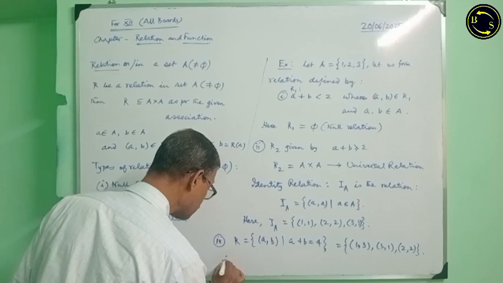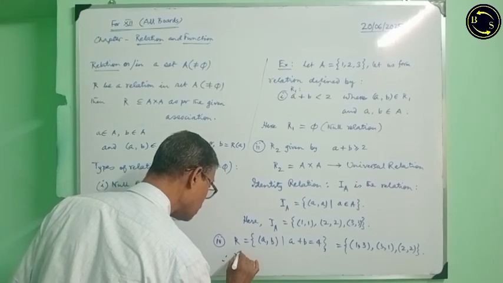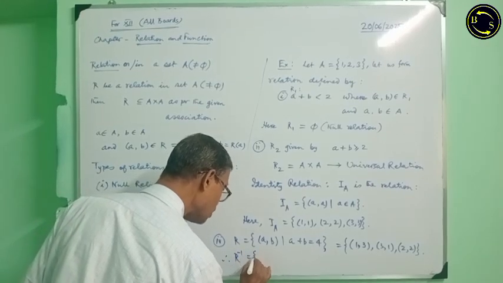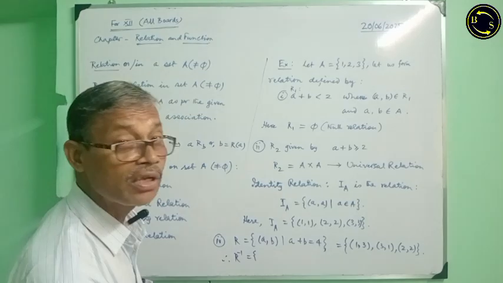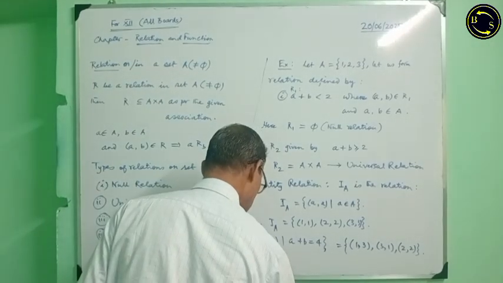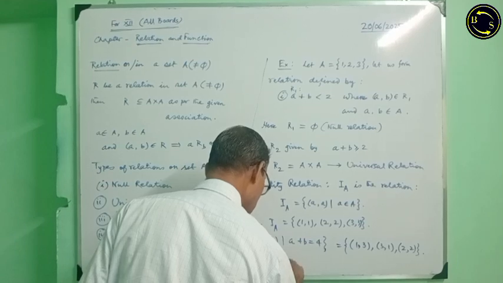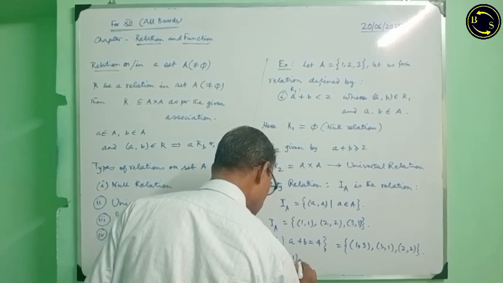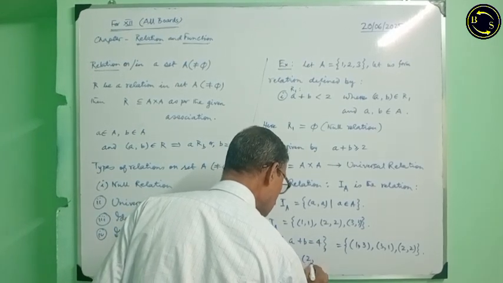Therefore, its inverse relation will be, we have to interchange the components. That means 1, 3, 3, 1, 2, 2.